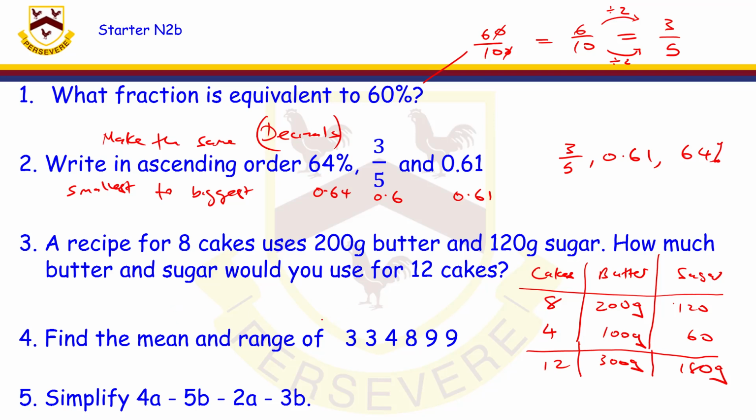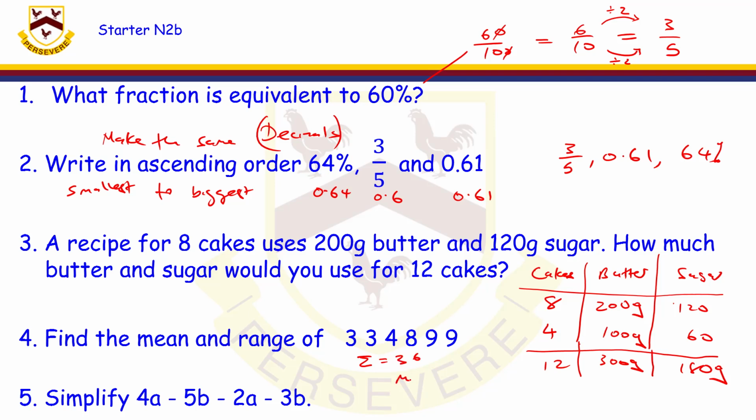Find the mean and the range. Mean is when you add them all together and you divide by how many you've got there. 9 plus 3 is 12. 9 plus 3 is another 12. And then 4 plus 8 is 12. So 3 12s are 36. So the sum is equal to 36.